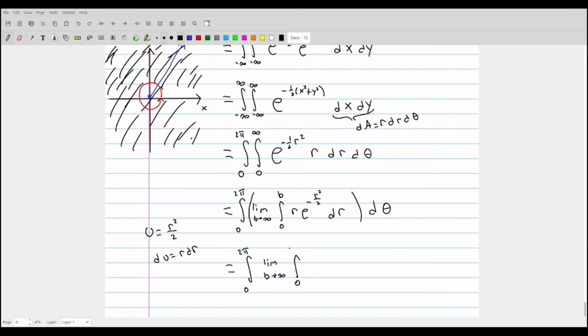When r is b, u is b squared over 2. So it's the limit as b goes to infinity of the integral from 0 to b squared over 2 of e to the negative u du.